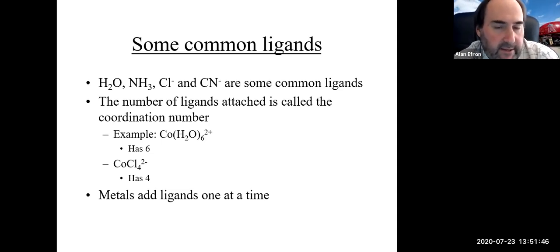And when they donate a pair of electrons, they're donating them to the metal, which is electron deficient, hence the positive charge. It's more like an acid-base situation. But importantly, all the ones that we see on the screen here are the type of ligands referred to as monodentate, which, as we discussed in the previous chapter, means that they will bind in one place per molecule.